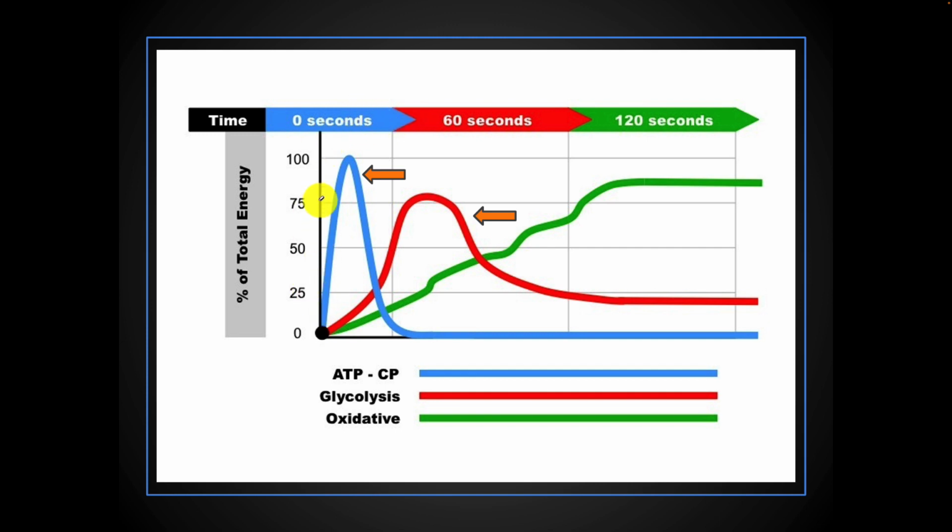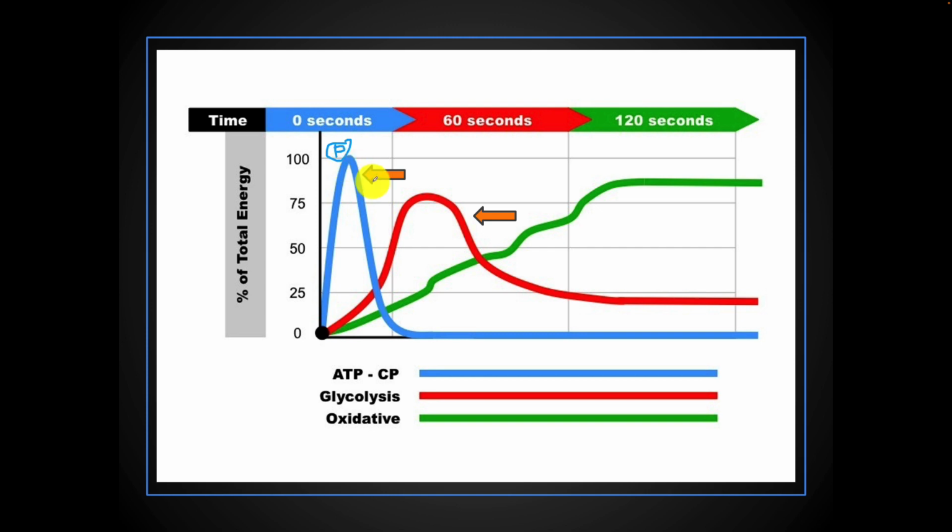Within the first few seconds, 100% of our energy is coming from the ATP-PC system, that's adenosine triphosphate, creatine phosphate. This is 100% phosphate recycling, okay? And I will show you a picture in a moment of what I mean by that.